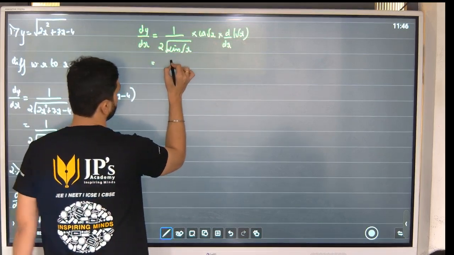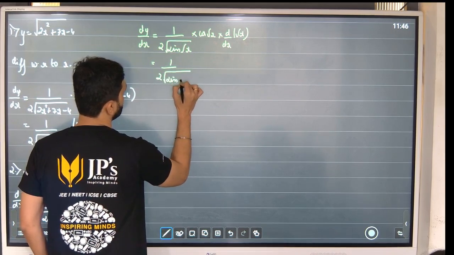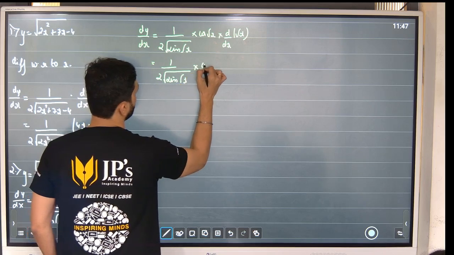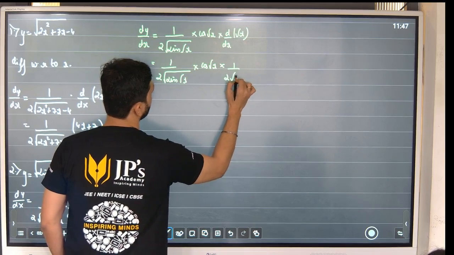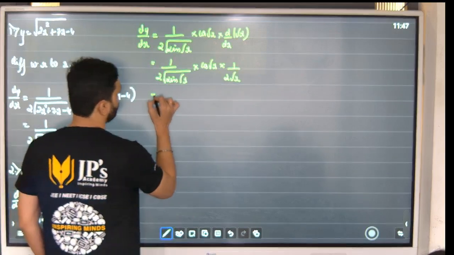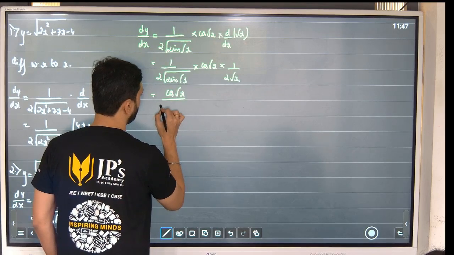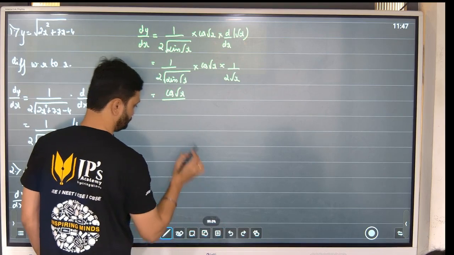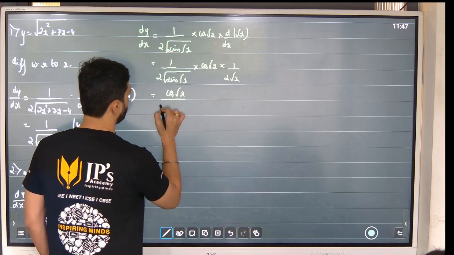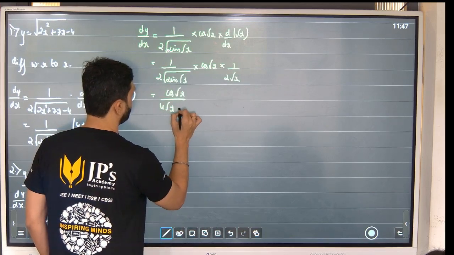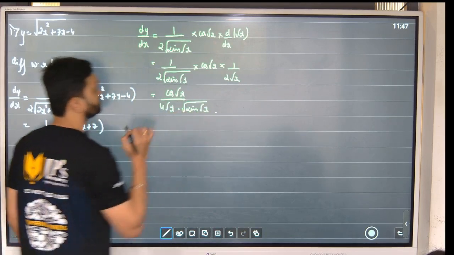So this will become 1 upon 2 root sine root x into cos root x into 1 upon 2 root x, which will become cos root x upon 4 root x into root of sine root x.